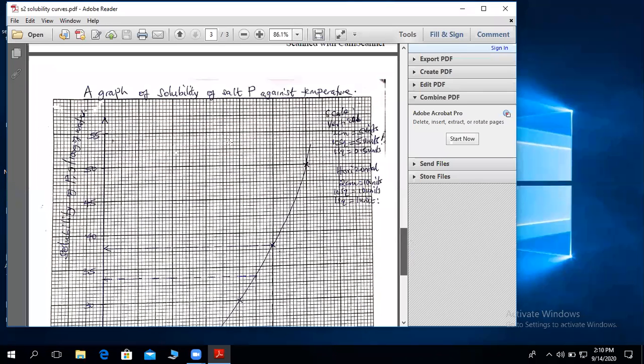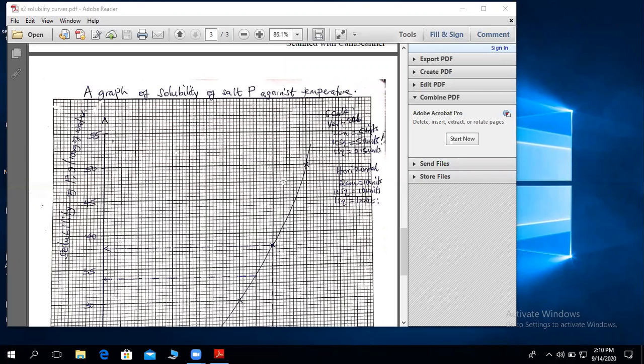Now, that is the title. For me to give you the marks for the axis, you write solubility of P and you give its units. Some of you were lousy enough to write just solubility of P and you walk away.